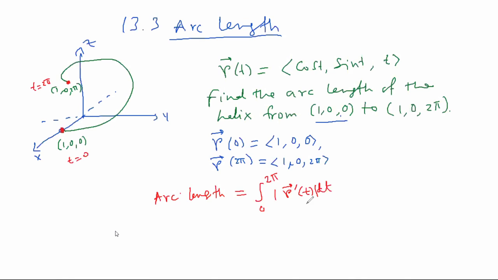That's the formula. So if you do this, 0 to 2 pi, what is r prime? The derivative of cosine is negative sine, the derivative of sine is cosine, and the derivative of t is 1.